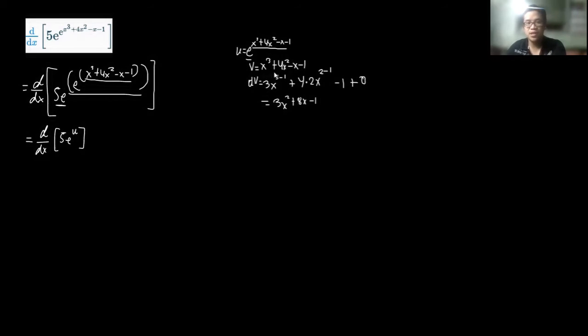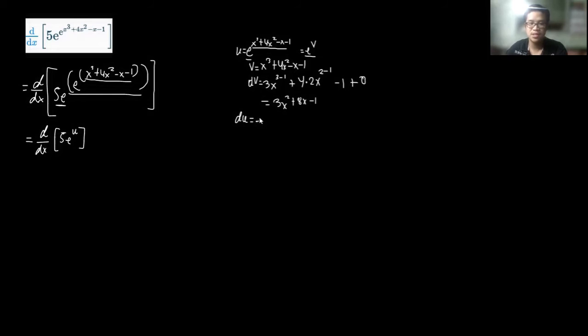Since your v is equal to your cubic function, I would rather not say the whole terms because it's a bit long. So therefore, this is e raised to v. Can we get du? Yes, we can. Now let's get the derivative of your u. What is the derivative of e raised to v?